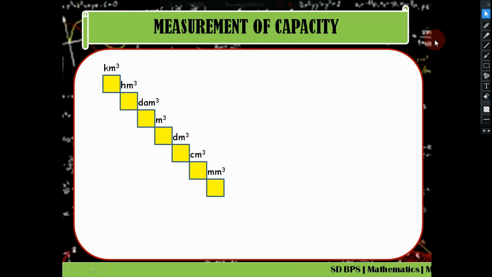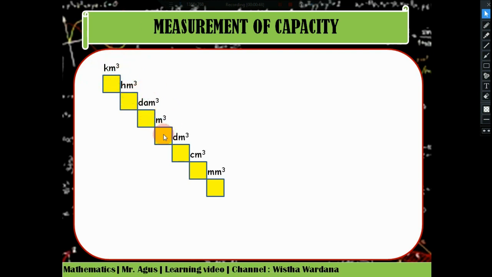So you have to say cubic of kilometer, cubic of hectometer, cubic of decameter, cubic of meters, cubic of decimeter, cubic of centimeter, and cubic of millimeter. And the way to get the answer, if you want to convert the other measurement to the other measurement again, is different also.